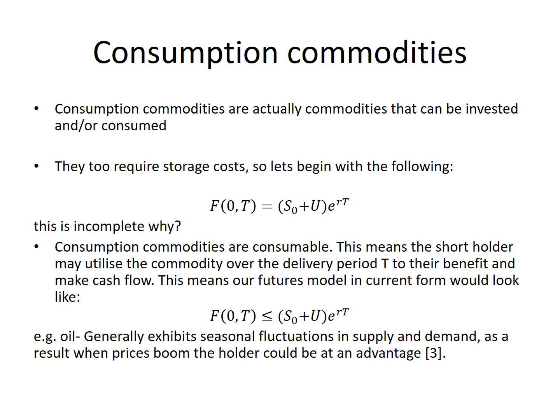Now, an example of a consumption commodity that we're looking at is oil. It generally exhibits seasonal fluctuations in supply and demand. As a result, when prices boom, the holder could be at an advantage. That's if we don't come to the next model in the next slide.